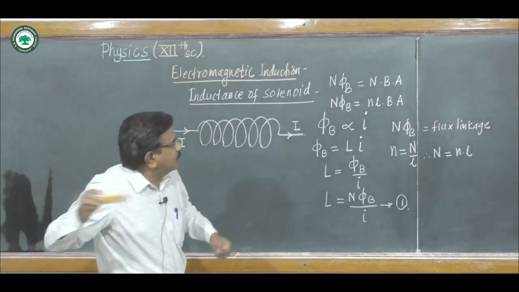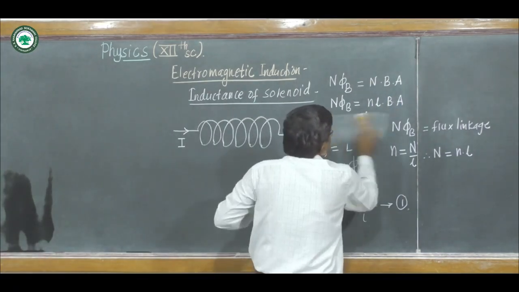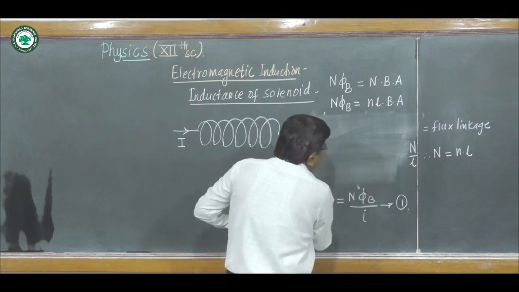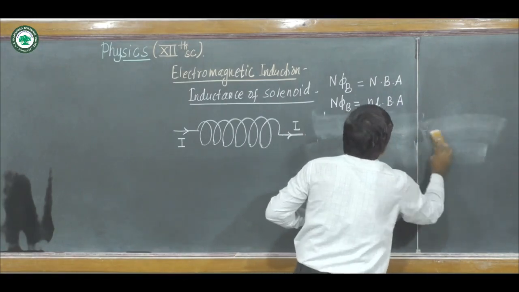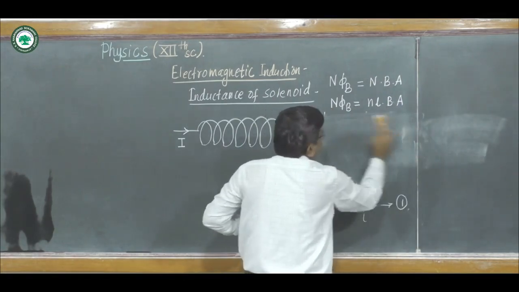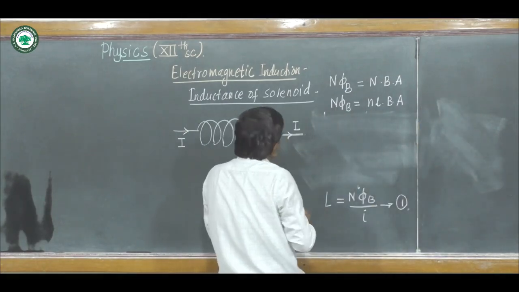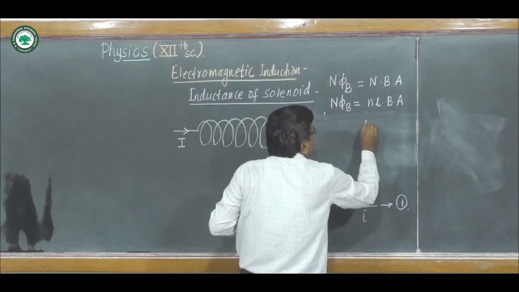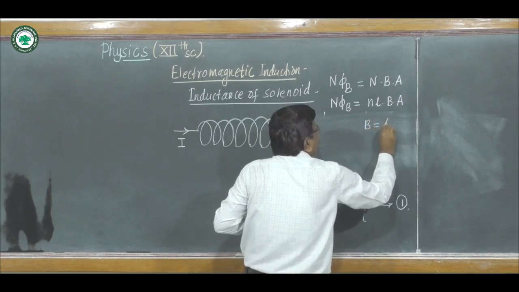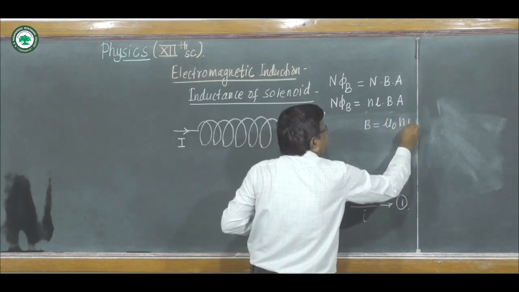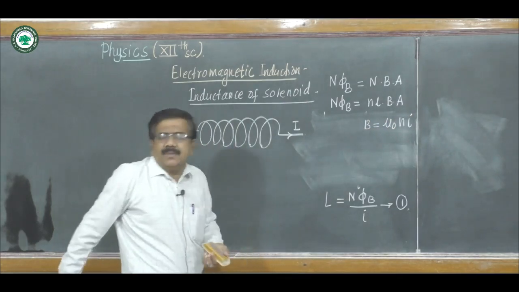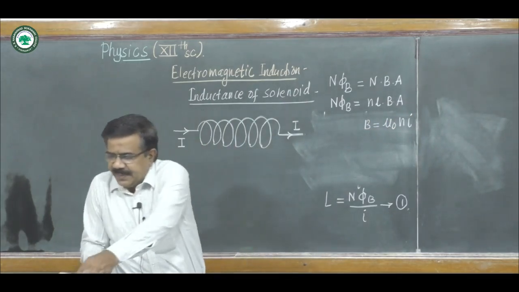At the middle of solenoid, this magnetic induction B is mu 0 n i. We have already studied at the middle of the solenoid, this B is mu 0 n i, where mu 0 is permeability of free space.